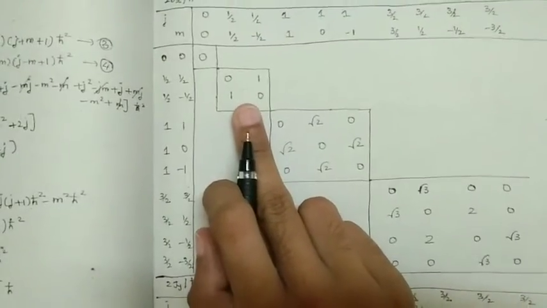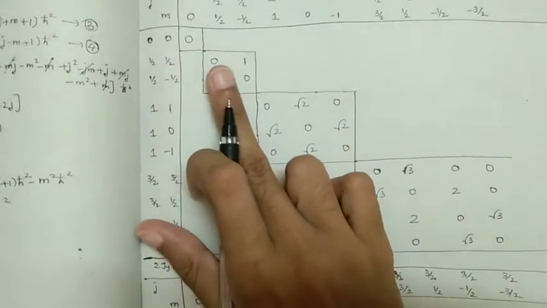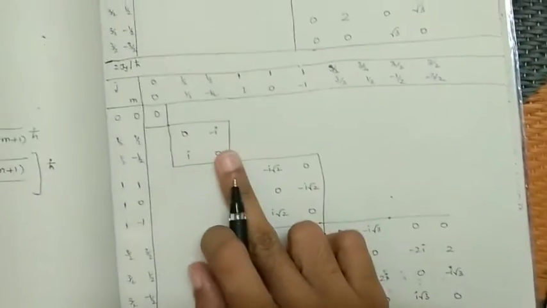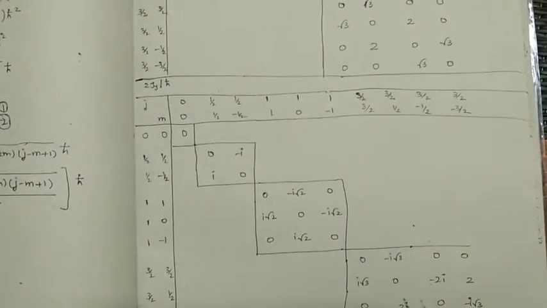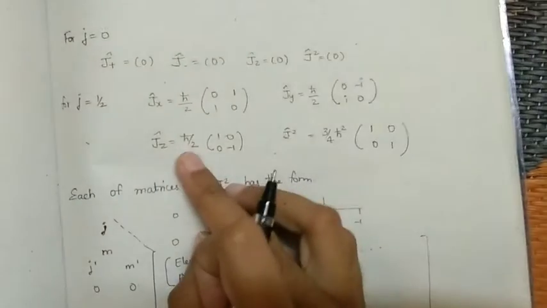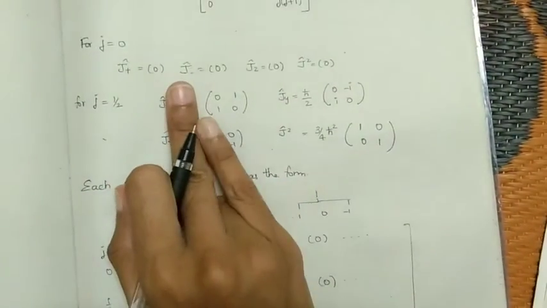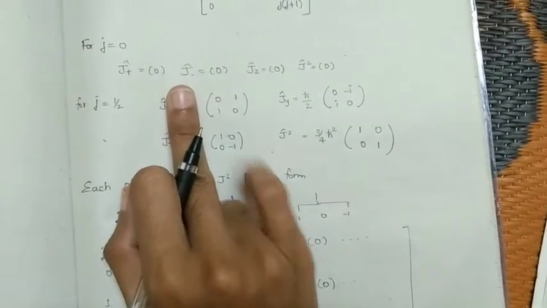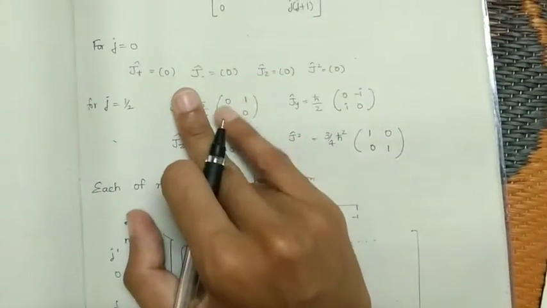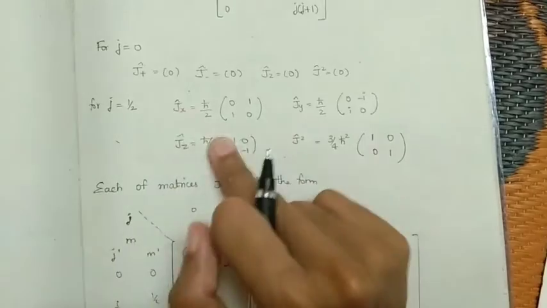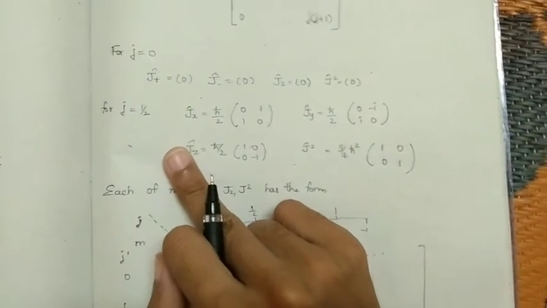They are of the form of the Pauli spin matrices: 0 1, 1 0, 0 minus i, i 0, and the Jz matrix that we got yesterday, 1 0, 0 minus 1. So they are of the form of the Pauli spin matrices, if we take this constant aside.